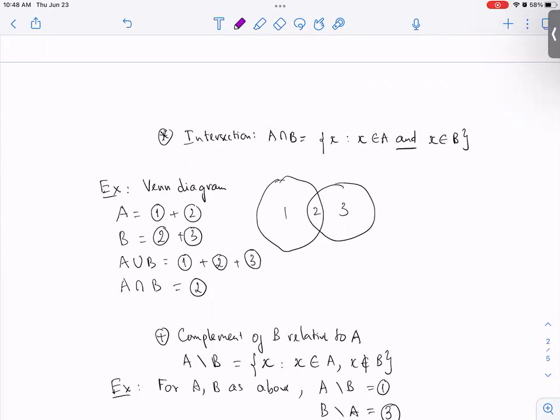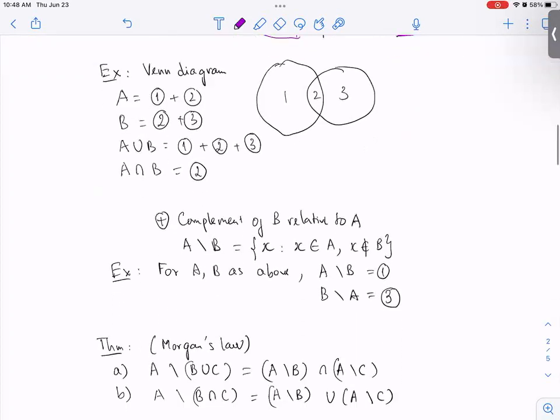An element is in the intersection of A and B if and only if it must be in A and also in B. So the intersection is really the set of elements which belong to both A and B. In other words, it is a set of common elements of these two sets A and B.